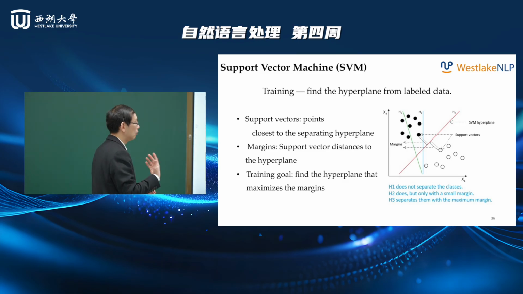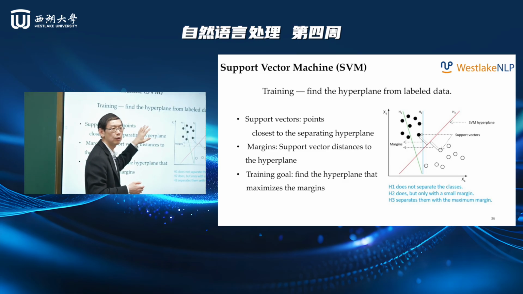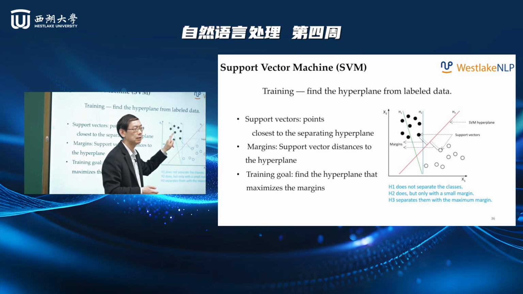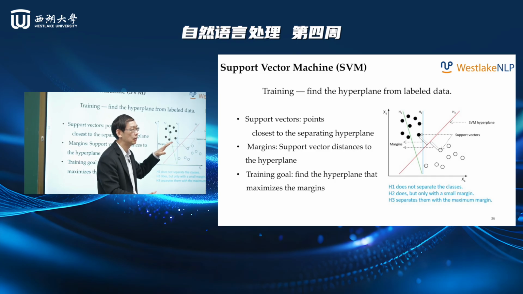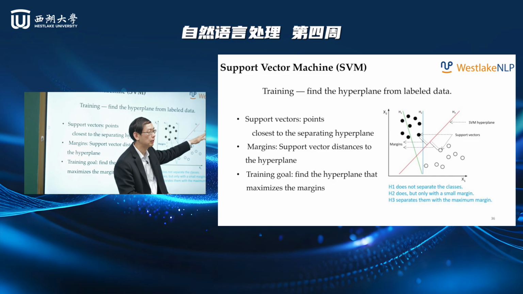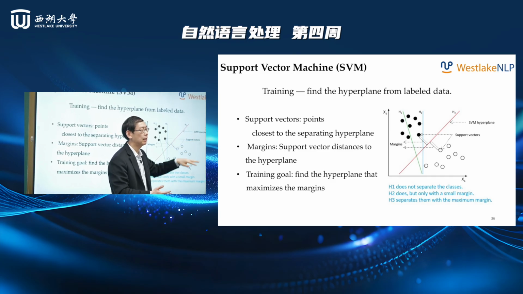Different omega and b define different hyperplanes. In your training data, there are 2 types of things, the black dots and the white dots in a high dimensional space. You want to define a hyperplane to separate them, and you find there are many hyperplanes that can separate them.